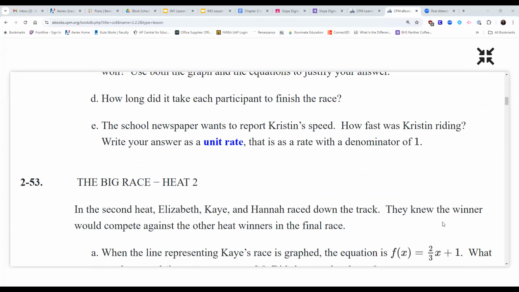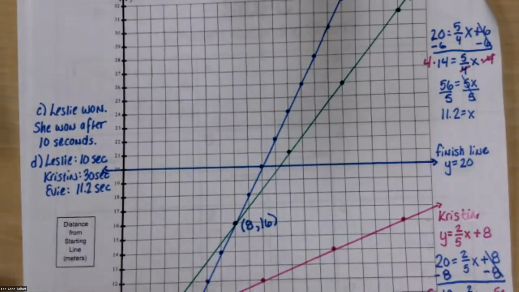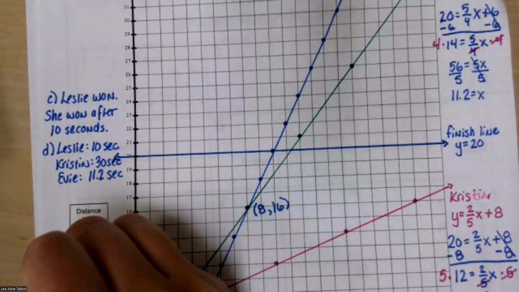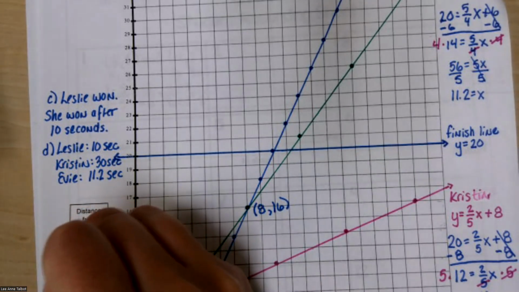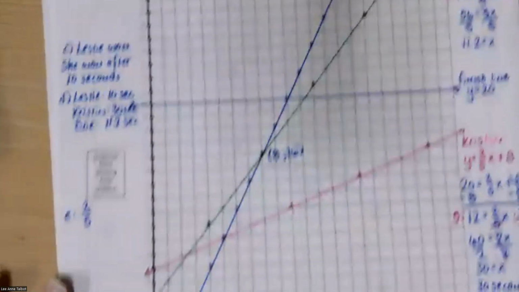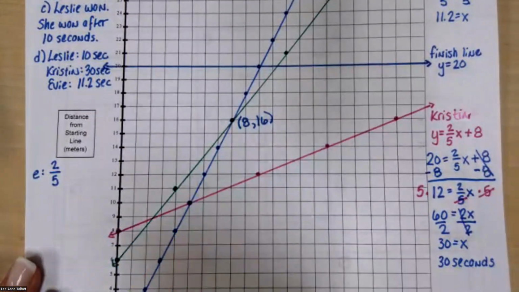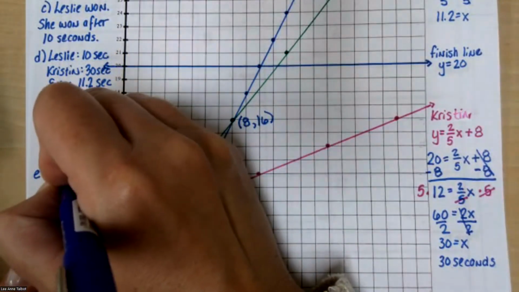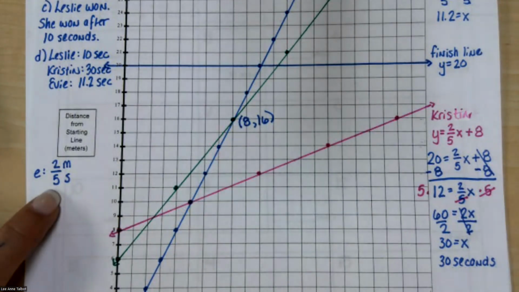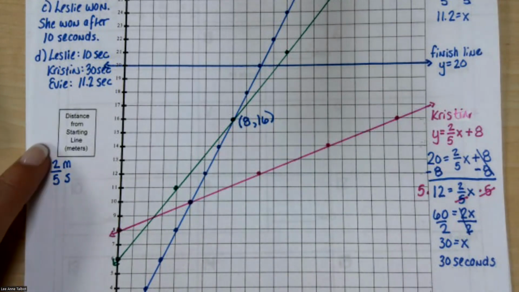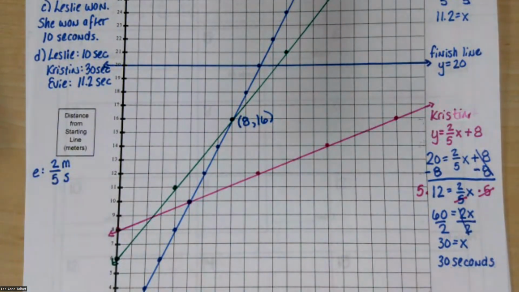That is easy. Kristen's speed was 2 over 5. 2 meters every 5 seconds. Okay, if I want to make this into a denominator of 1, what I need to do is 2 divide, oh, you already know?